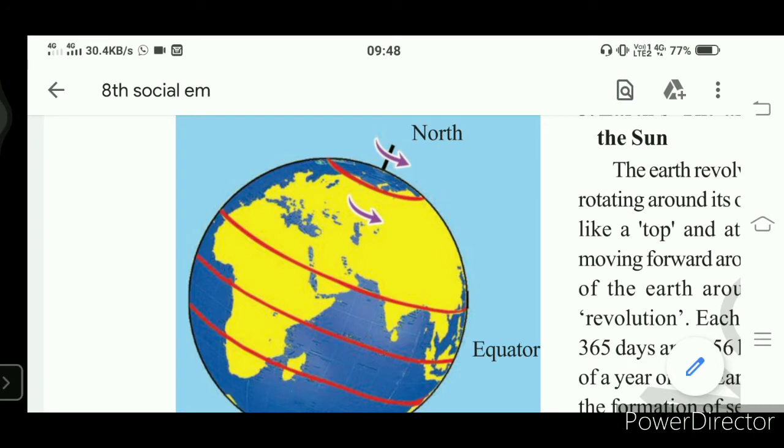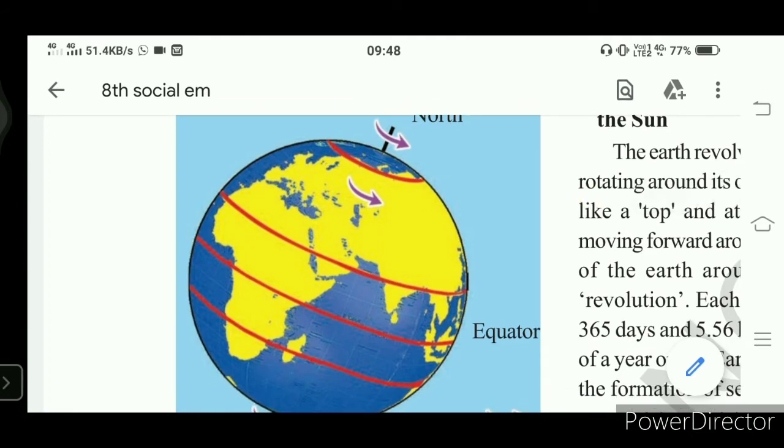So the poles are not as hot as the equator, understand. So this is the one thing. As the axis is tilted, there is a difference in the temperature distribution across the earth, understand.